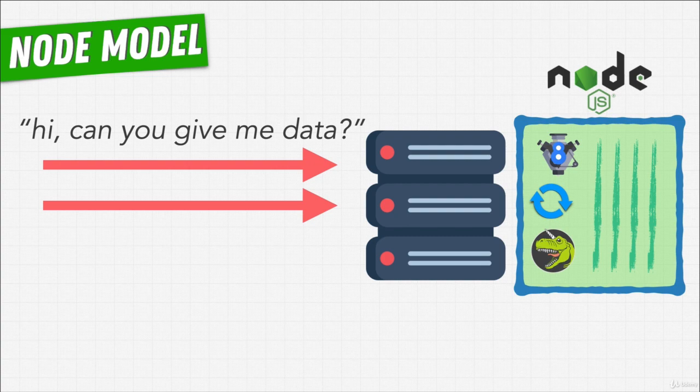However, sometimes we have some code that requires a lot of processing power, code that blocks our event loop from continuing, code that doesn't involve our basic file and network operations that Node knows how to handle efficiently.